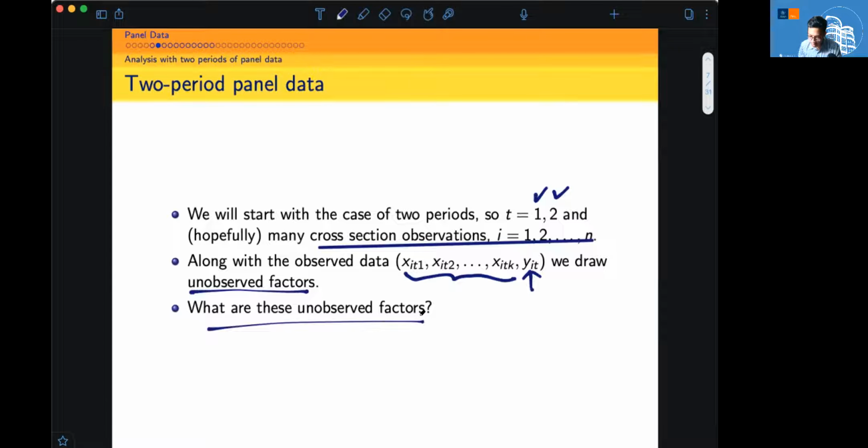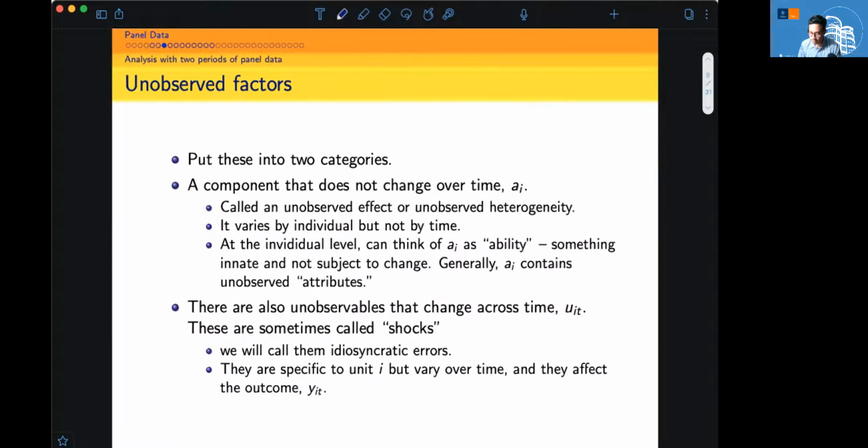So what are these unobserved factors? Well, it could be unobserved motivation. It could be unobserved ability. If we talk about firm level, it could be unobserved culture. It could be unobserved entrepreneurial skills of the owner of the business, and so on. So these are unobserved factors that could affect the outcomes, and are not readily observable in the data set.